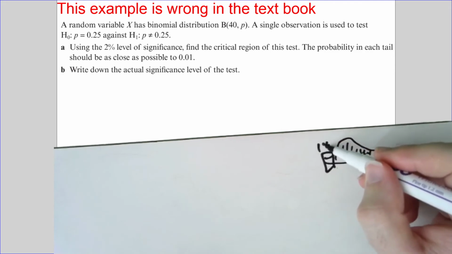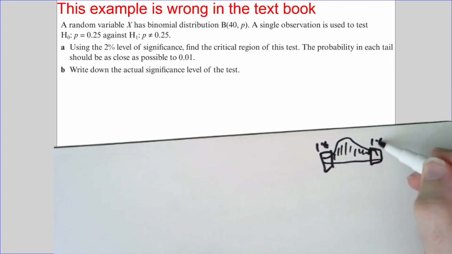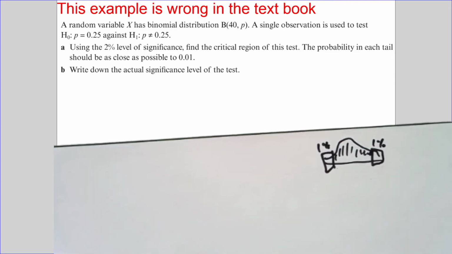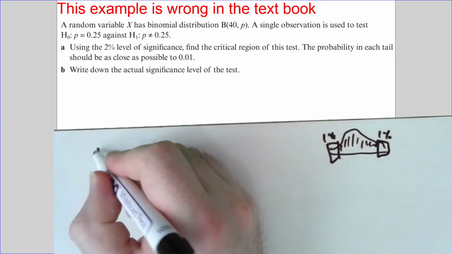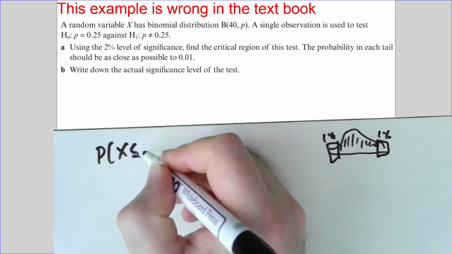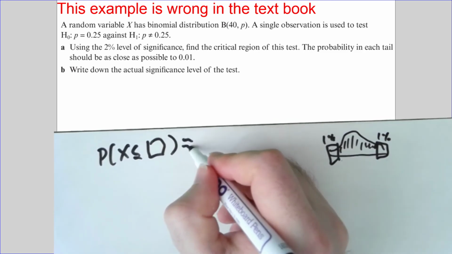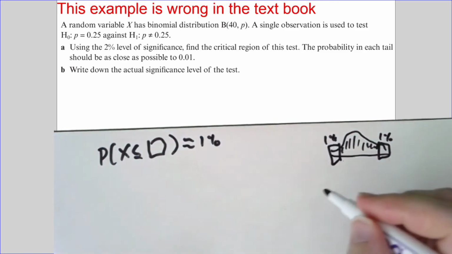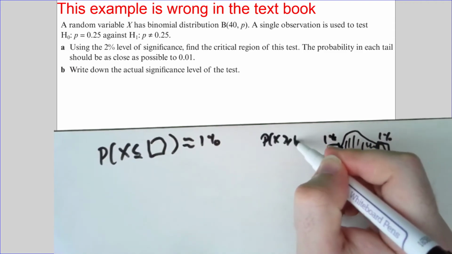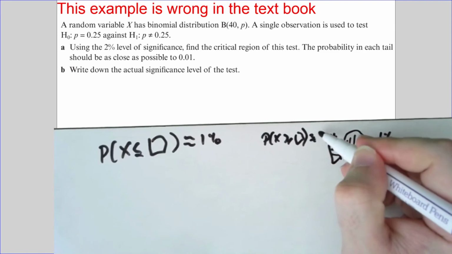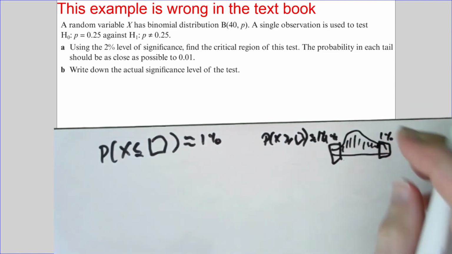We're after 1% here and 1% here. So we need to find two things. We need to find probability x is less than or equal to something is approximately 1% for this tail, and probability x is greater than or equal to something is approximately 1% for this tail.